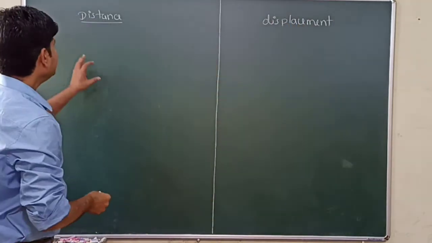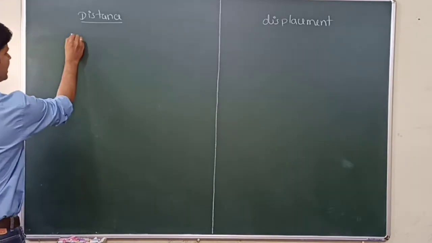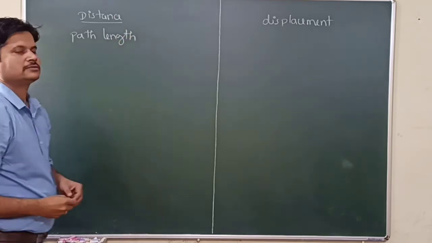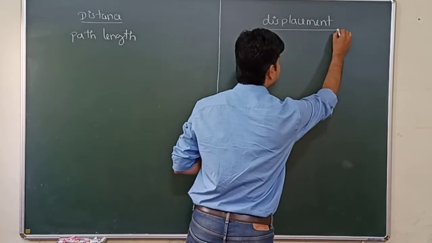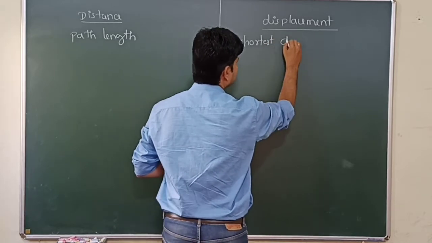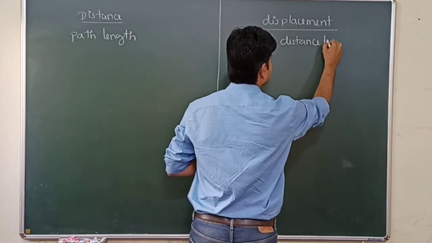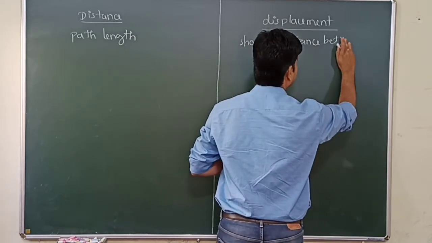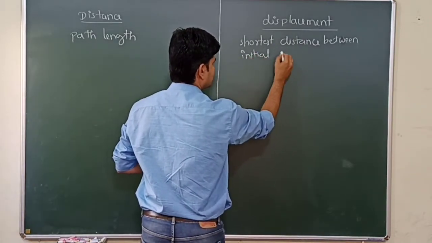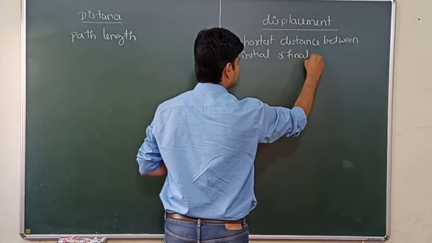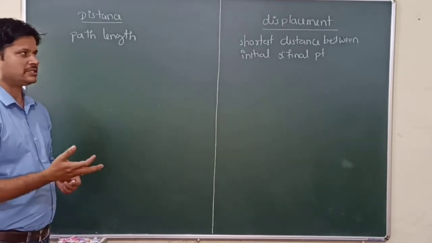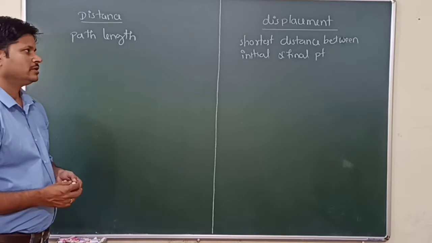Distance is nothing but the path length, and displacement is the shortest distance between the initial and the final point. How can we know that?